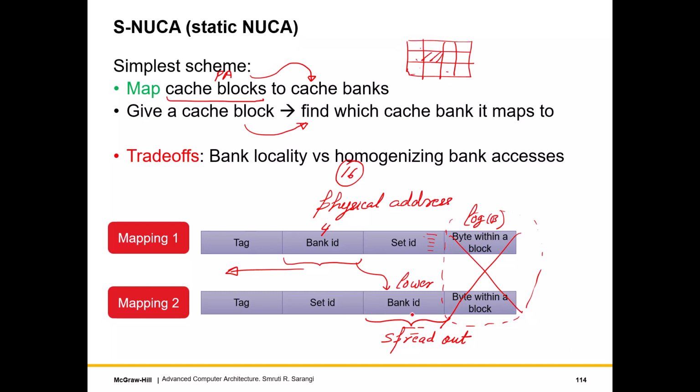So just to repeat, the banks are random in mapping 2, but the sets aren't. So you'll see more clustering at the set level, which may not be a good idea, especially if you are prone to conflict misses. So as you can see, there are pros and cons. It's not very clear which idea is better than which one.